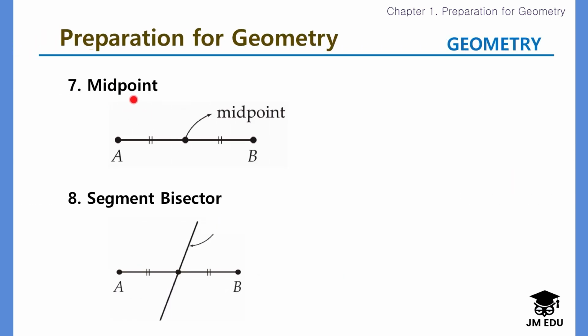Number 7 is midpoint. The midpoint of a segment is the point halfway between the endpoints. Because the midpoint is the same distance from both endpoints, we say it is equidistant from the endpoints.